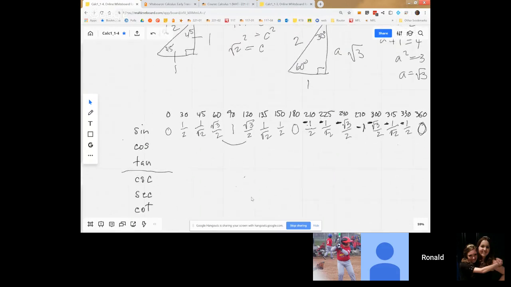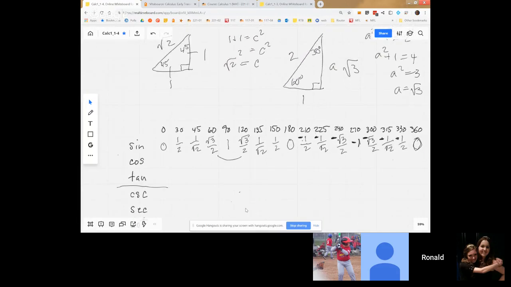So now as we start filling out the cosine, cosine of 0. That's full width right, so that's a 1. Cosine of 30, square root of 3 over 2.